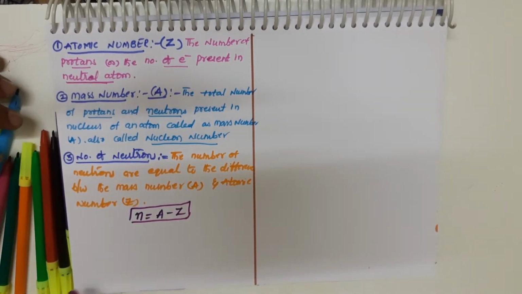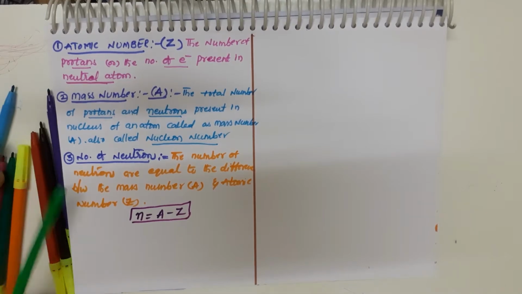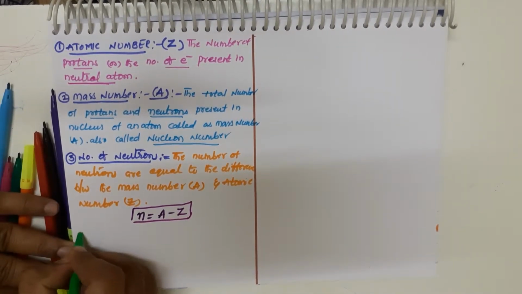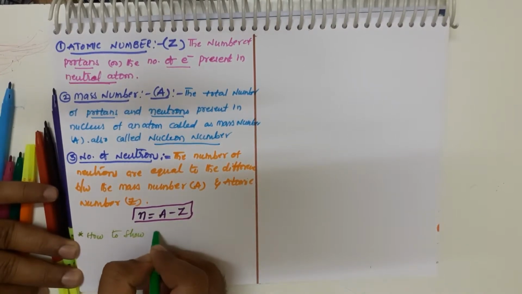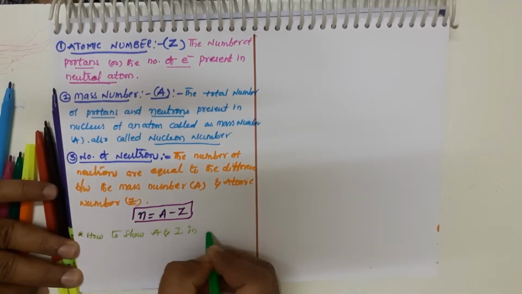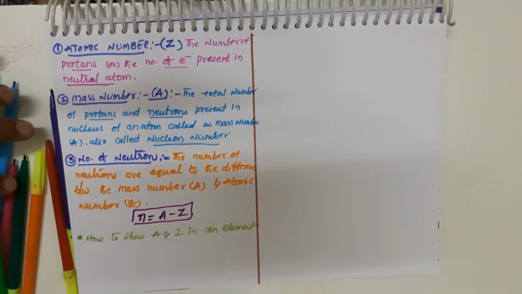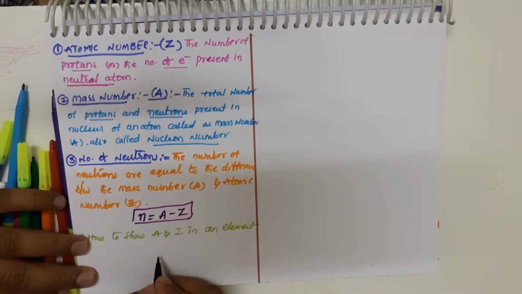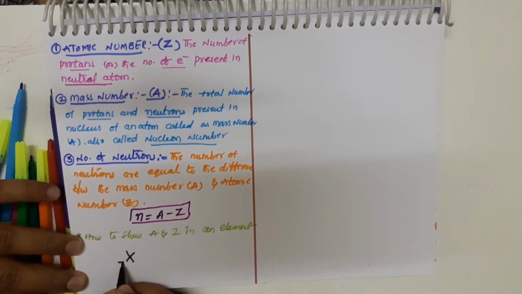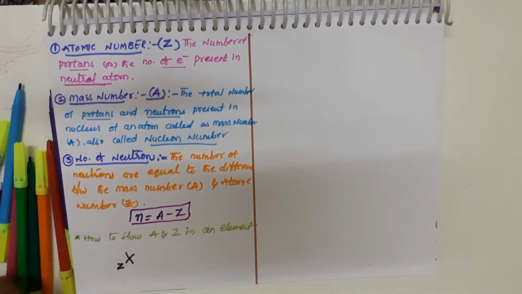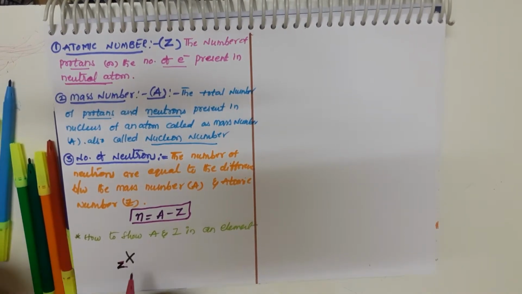Okay, how to show mass number and atomic number in an element? How to show A and Z in an element? For example, X is the element. Then we can show the atomic number Z at the bottom side, and the mass number on the upper side.